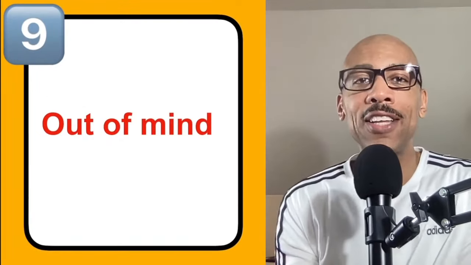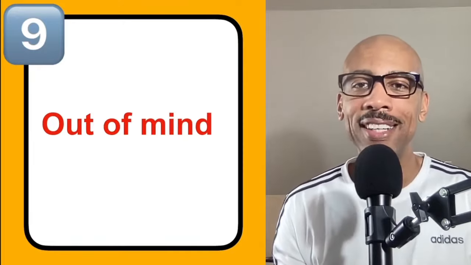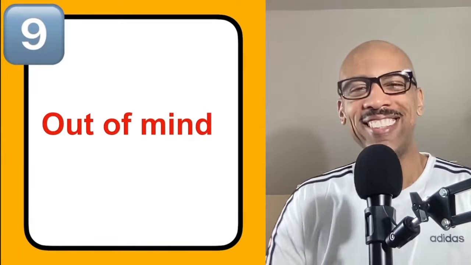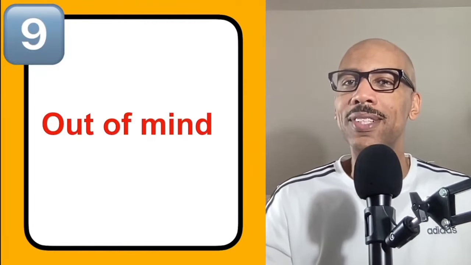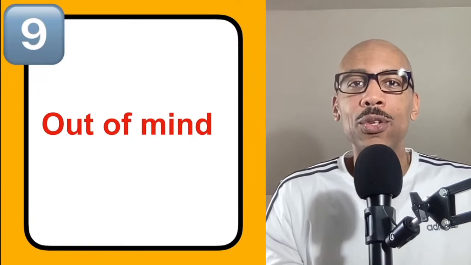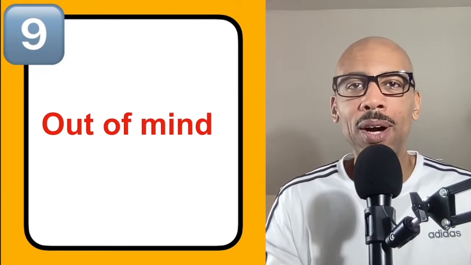All right. Our ninth prepositional phrase is out of mind. Are you crazy? Are you out of your mind? So when you're saying, are you out of your mind? You're basically insulting someone, or you're saying to someone, you're not really thinking. You're out of your mind.